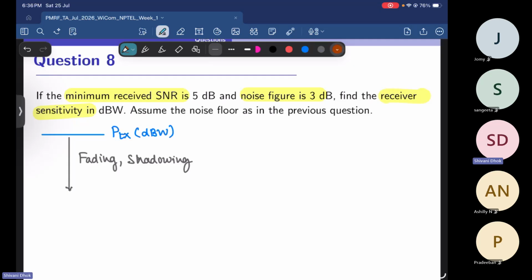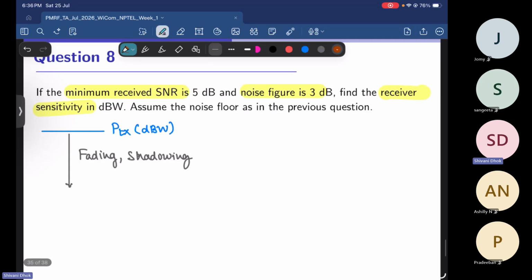So this is going to degrade your power level, and here you will get PRX in dBW. Okay, so something like this. So this fading and shadowing are in linear scale, those are multiplicative factors. So when you convert it into dBW, you get a subtraction.